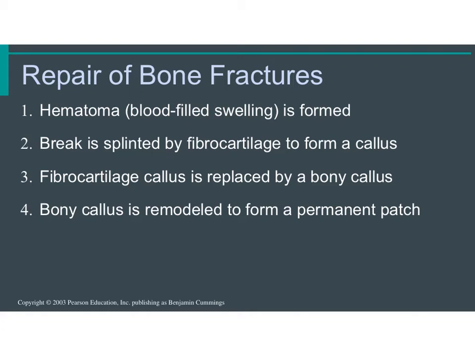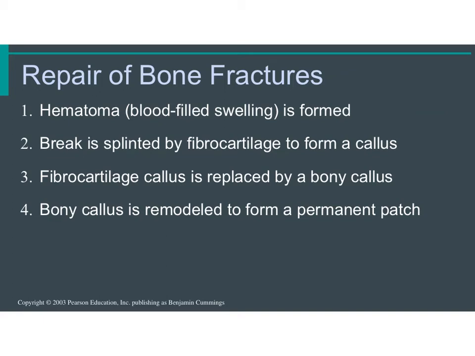So if a bone is broken, it really needs to be reduced, put back in place relatively quickly so that this cartilage callus forms with the bone in the right spot. Sometimes, especially in the olden days, bones would break and they wouldn't get set properly, so they would heal, but they wouldn't heal exactly in the right spot.